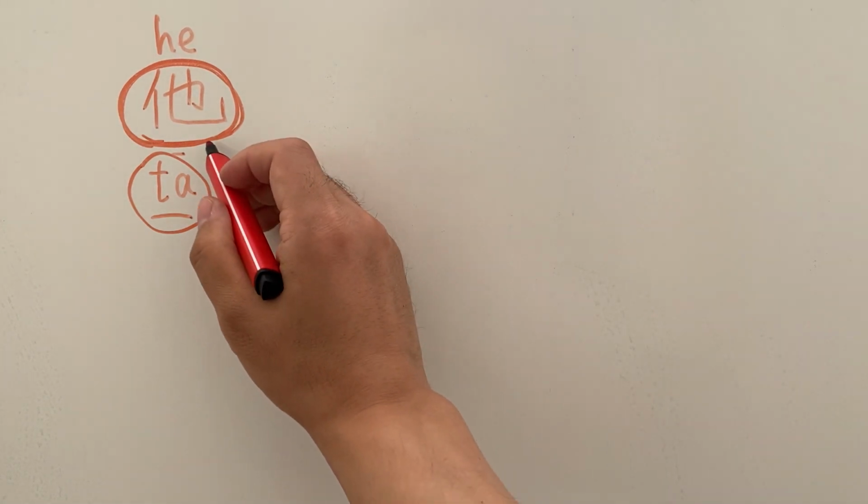Then suddenly there came Chinese pinyin, and kids have to learn it, although they know how to pronounce the character. That is just ridiculous, right? Okay, back to our class. This one is he.